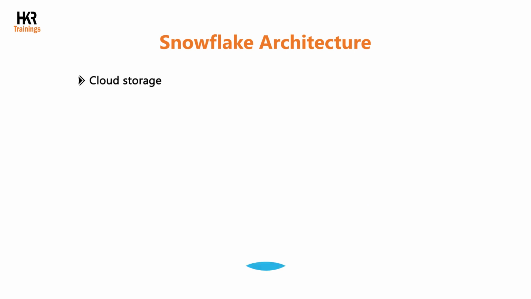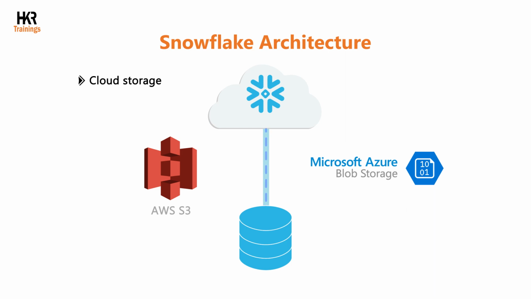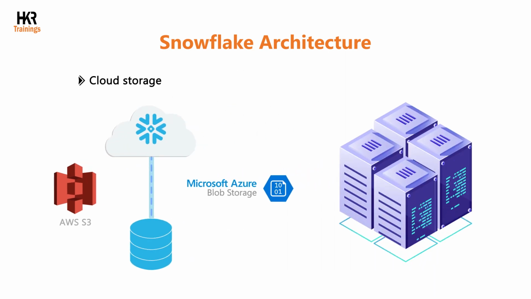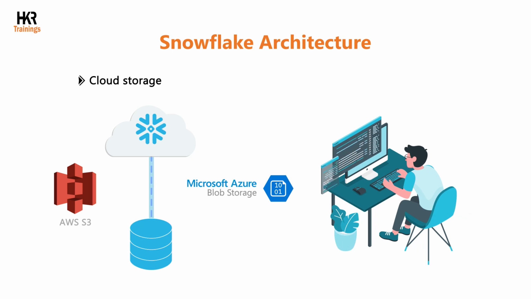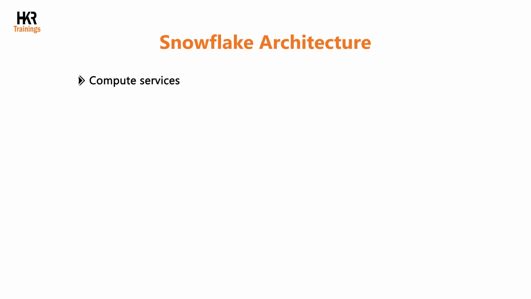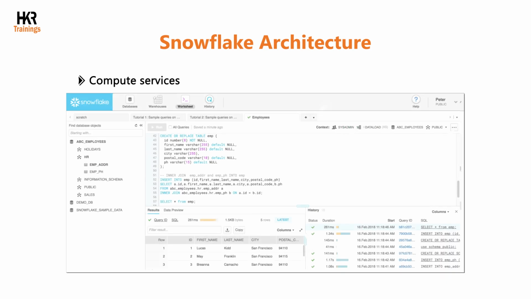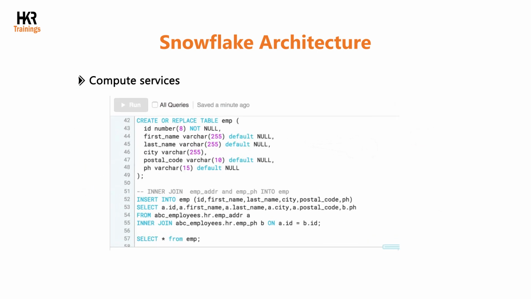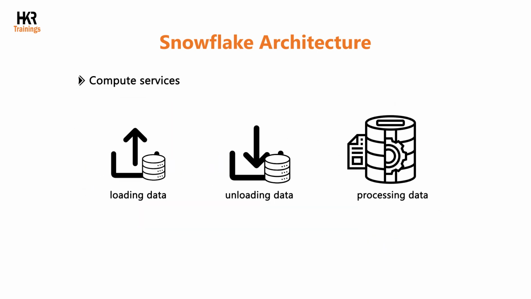Cloud storage. Snowflake stores all your data in cloud storage, such as AWS S3 or Azure Blob Storage, rather than on a physical server. This allows for easy scalability and enables you to only pay for the storage you use. Compute services. Snowflake's compute layer runs on virtual machines in the cloud and is responsible for executing queries, loading and unloading data, and processing data transformations.